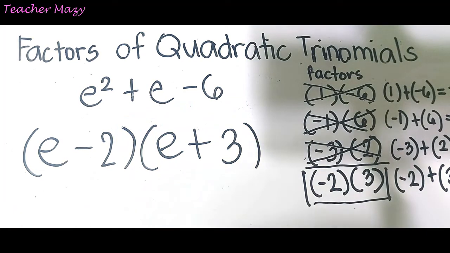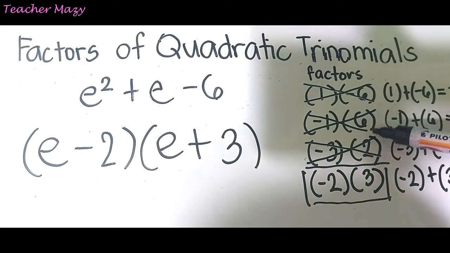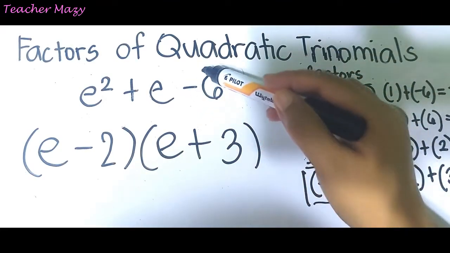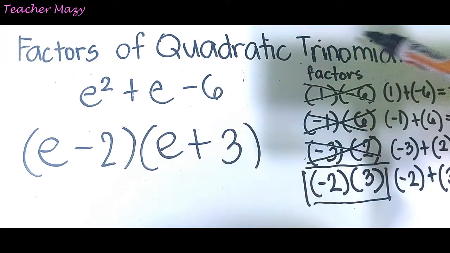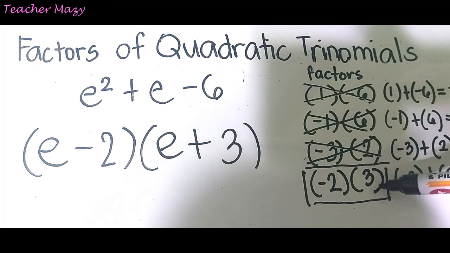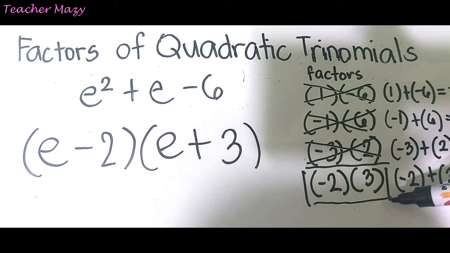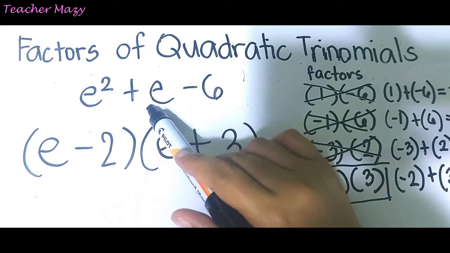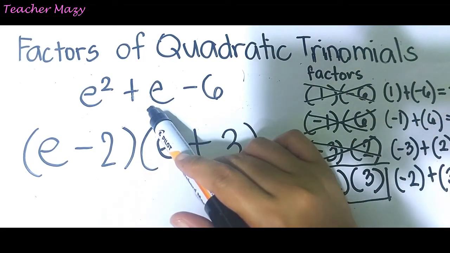Again, step 1: write all the factors for our constant, or our last term here, which is negative 6. Find the factors that, if we add them, the sum must be equal to the numerical coefficient of our middle term.